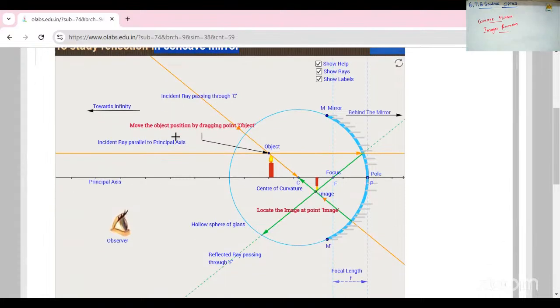Students, is that clear? How the images are formed in a concave mirror for different positions of the object.